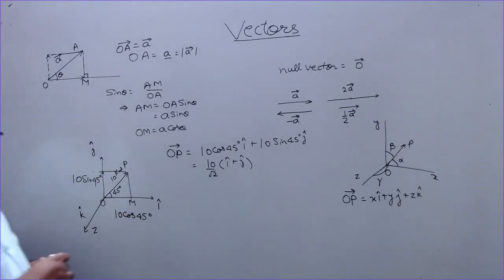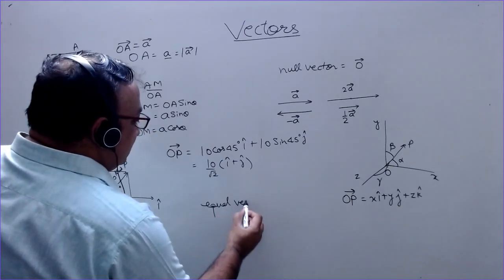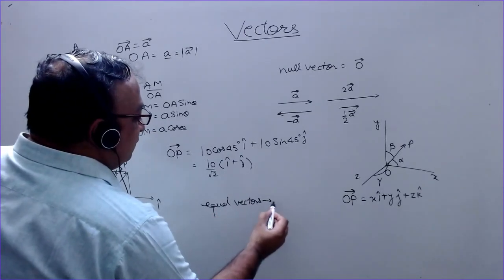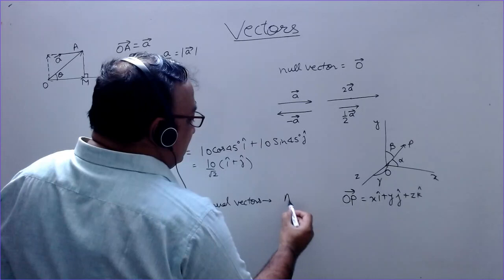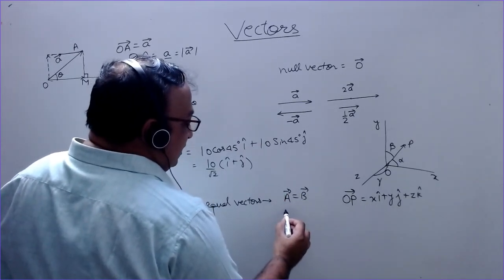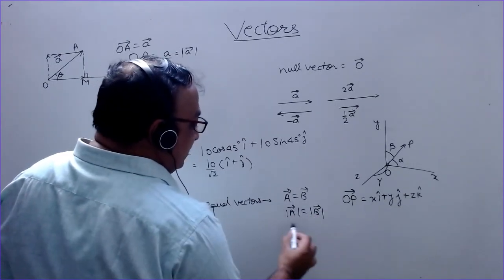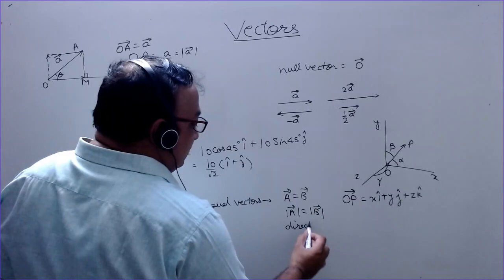Now sometimes you come across the term equal vectors. What is an equal vector? Two vectors A and B are said to be equal only if their magnitudes are the same: magnitude of A is equal to magnitude of B, and the directions are also the same.